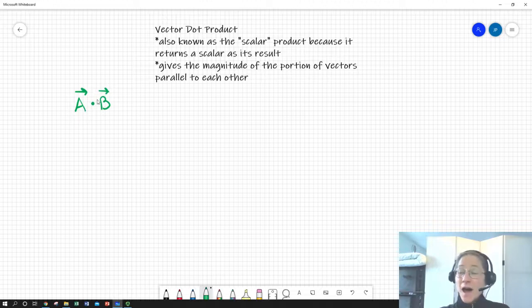Just use a little dot, literally. That is equal to the magnitude of vector A times the magnitude of vector B times the cosine of the acute angle between them.